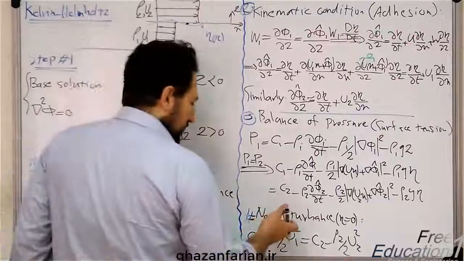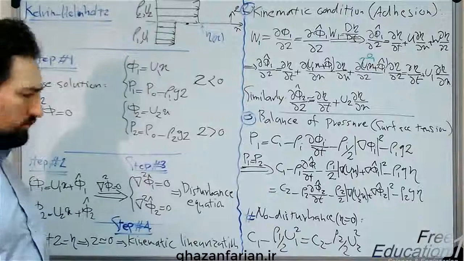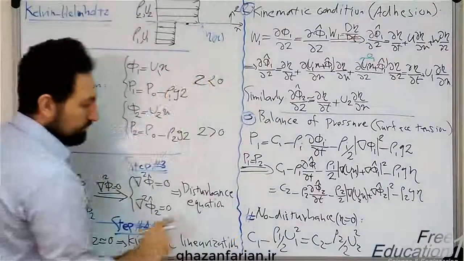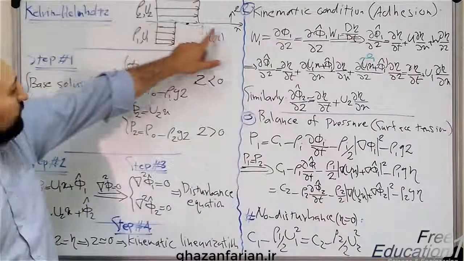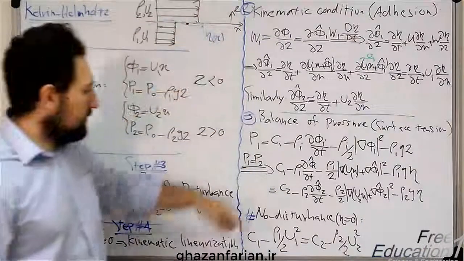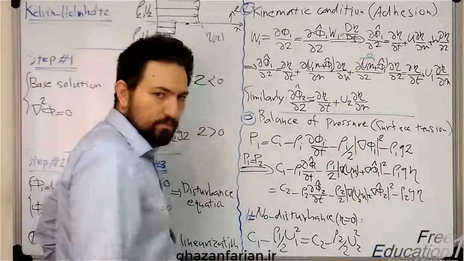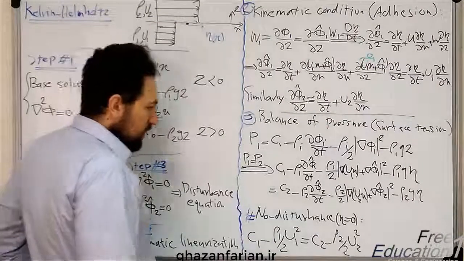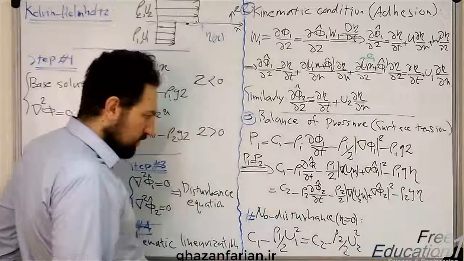Simplify this equation for the case with no disturbance. When there is no disturbance, eta is equal to 0, because the interface is located at z equal to 0. So these terms engaged with eta vanish. And because the disturbances are 0, phi hat 1 and phi hat 2 are both again 0.